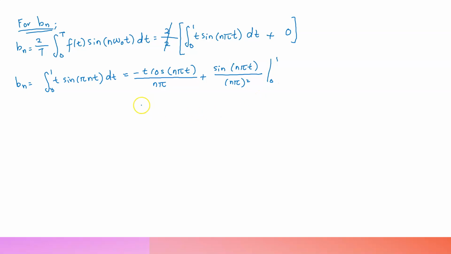Okay, so again, what I will do is make the denominator equal. So I will have Bn equals to minus t n pi cos n pi t plus sine n pi t over n pi square, integration from 0 to 1.